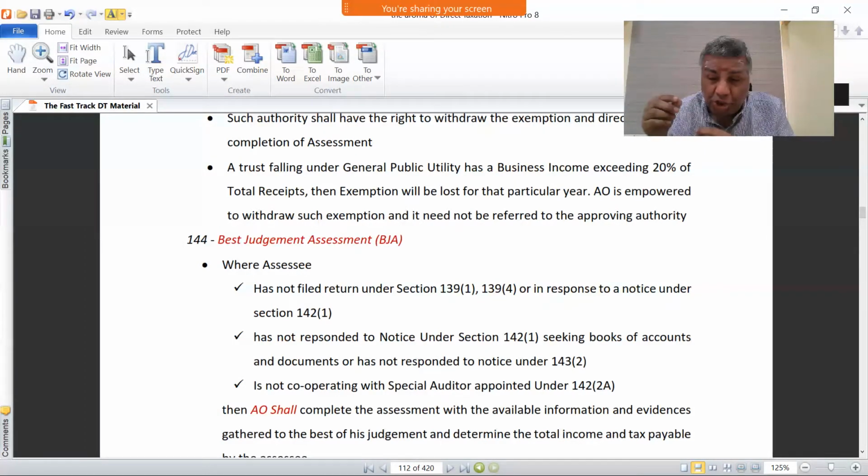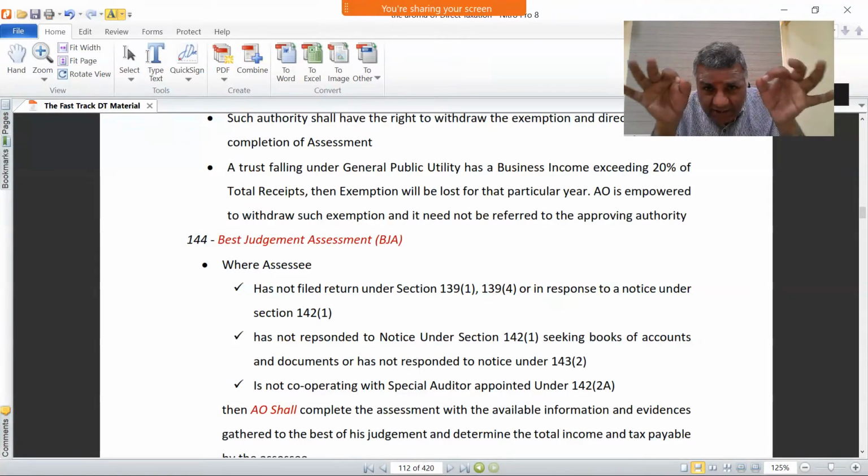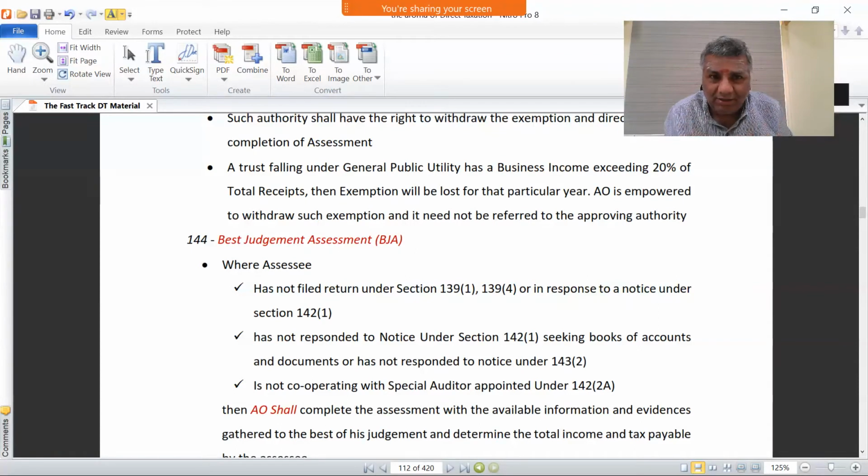143 subsection 2, notice within 6 months from the end of the year in which you filed your return. 143.3, completion of assessment and sending the assessment order.